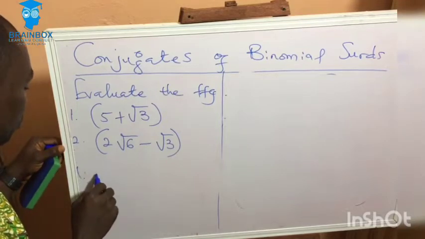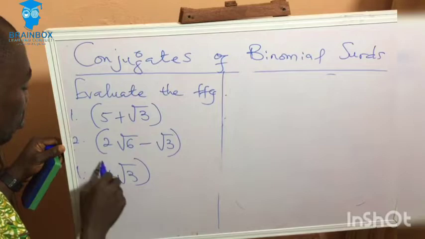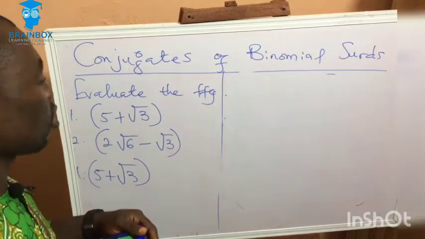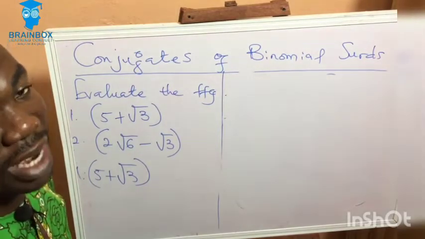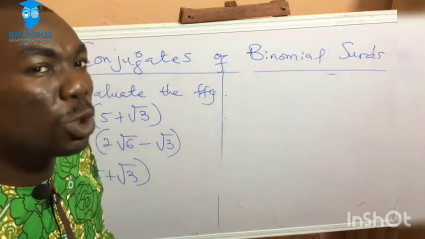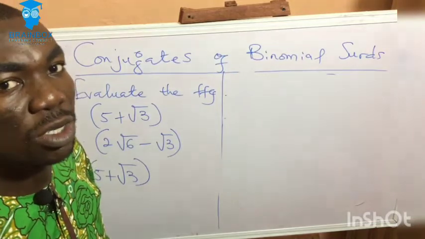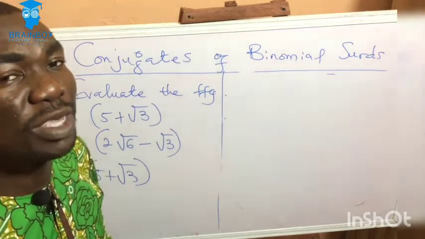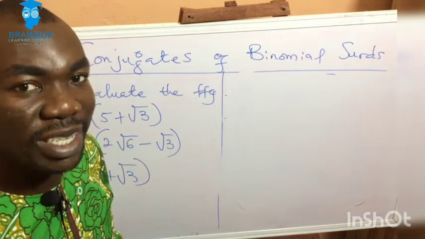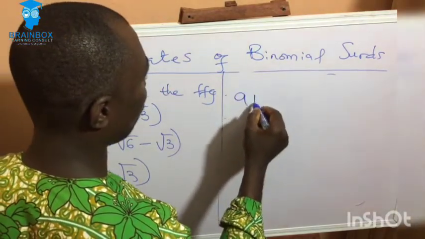Example number 1, 5 plus root 3. So that will bring us to conjugate of binomial surd. Now, the conjugate of binomial surd is actually the opposite of that particular surd. And what it means to be the opposite is just the changing of the sign. I will give you this example. For instance, a plus b.